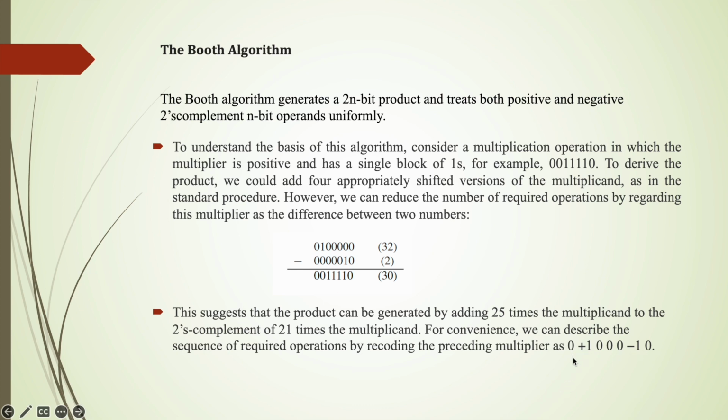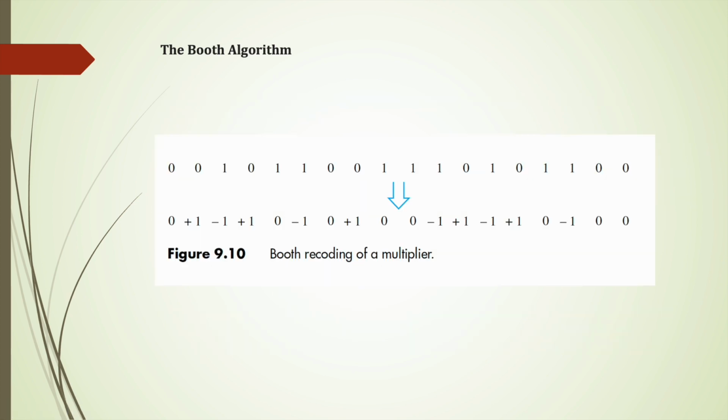Let us take some more examples. If the multiplier bits are like this, initially we are at 0, so we keep 0 for the first. For the second, we have moved from 0 to 0, the same position, so do nothing, 0. Moving from 0 to 1, we use minus 1.